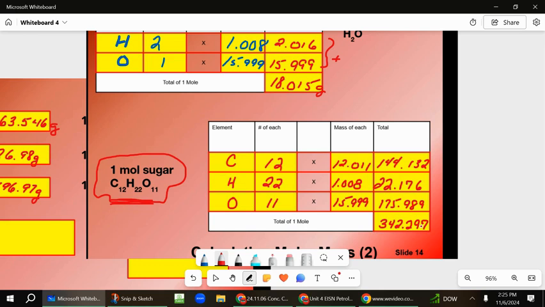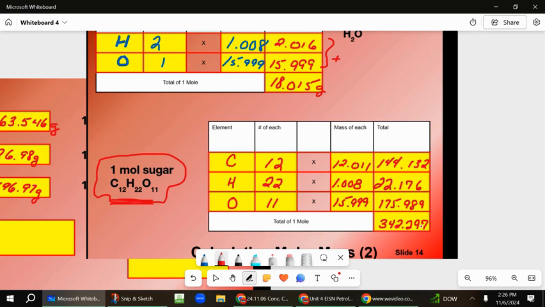So when we are doing a formula, we need to know two things. We need to know how many of each atom are in the formula. That comes from the formula right here. I will have to give you that. And then we need to know the mass of one of each of those atoms. That we get off the periodic table. So the formula gives us how many of each.